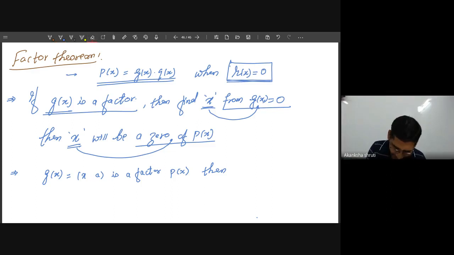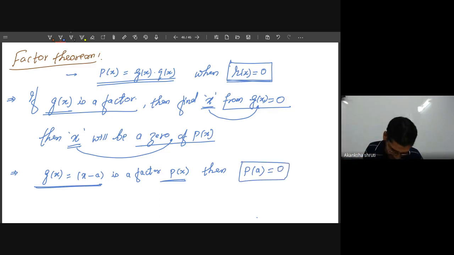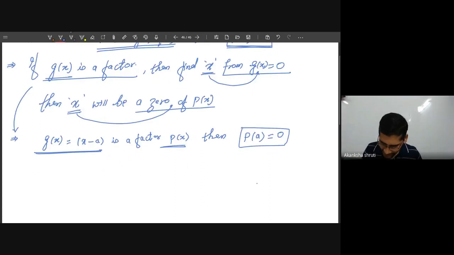If you take plus, you will also get the same result; that doesn't make any difference. So say g(x) is given as x minus a, a factor of p(x), then p(a) will be 0. This is the same as what I explained. Understand what I have explained above and how it is written in your book.